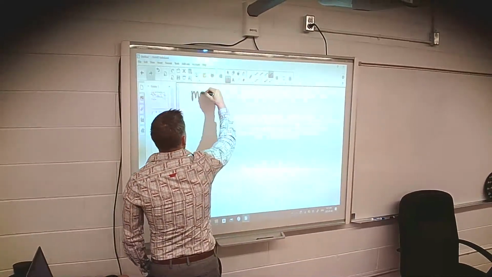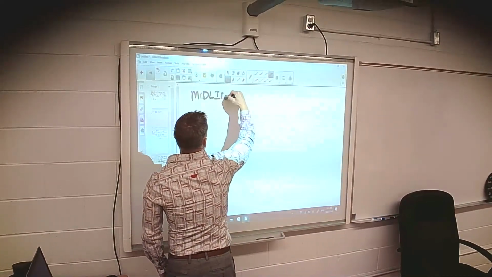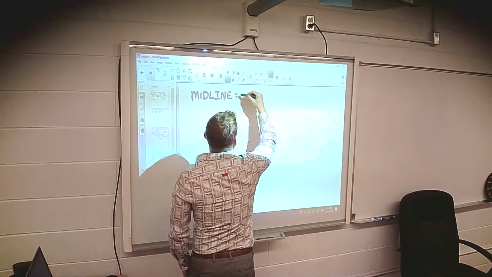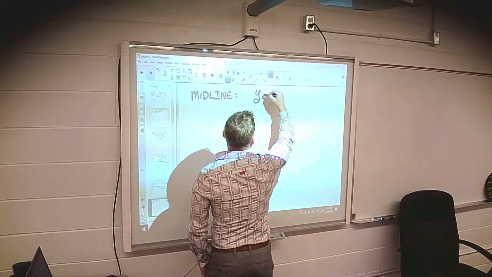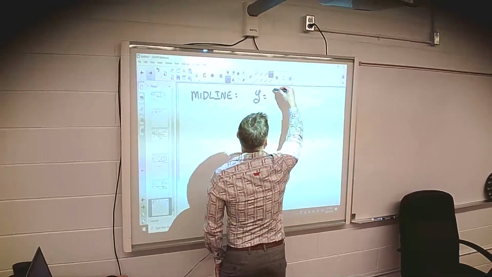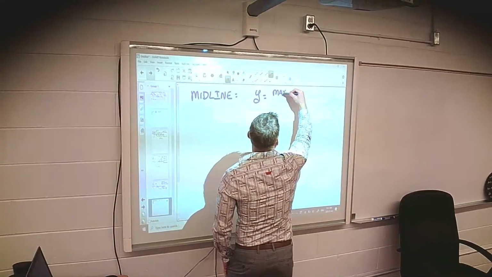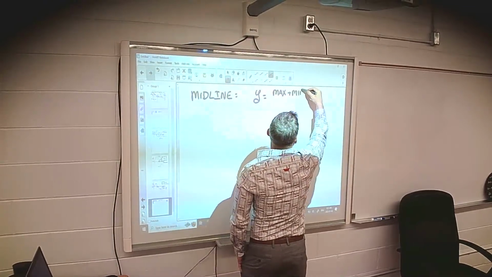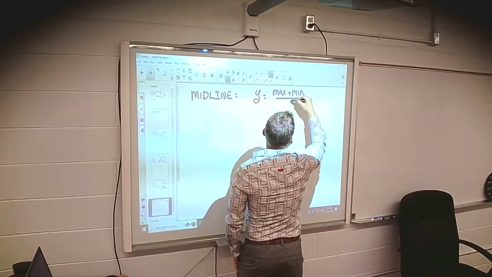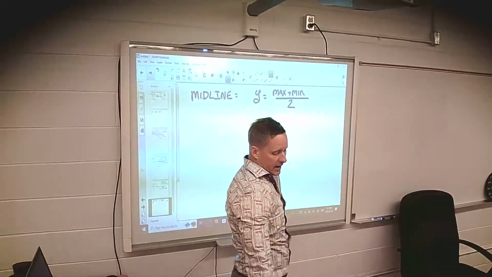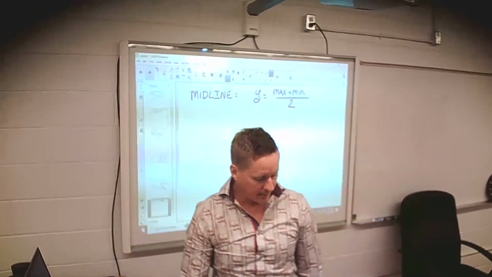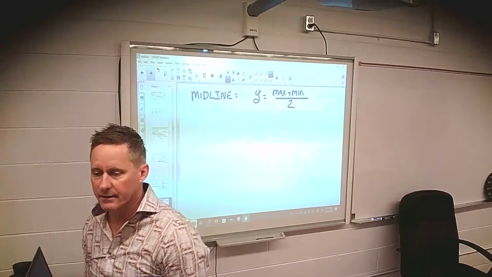The midline, again, new to you, can be found. It's an equation, y equals. It can be found by taking the maximum value, add the minimum value, divide by 2. You average the maximum and the minimum value. That's how you get the midline.